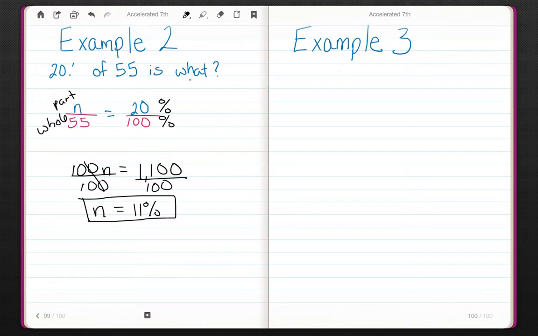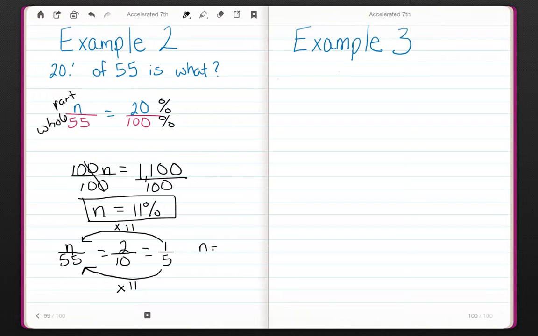Now, you may have noticed there might be another way to do this also. N over 55 equals 2 over 10. I reduced 20/100ths to 2/10ths, which I can reduce even further to 1/5. Well, to go from 5 to 55, I'm going to multiply by 11. So to go from 1 to n, I'm also going to multiply by 11.